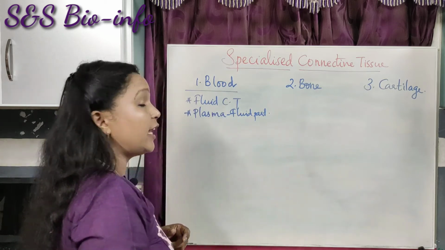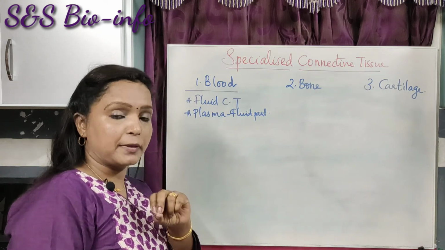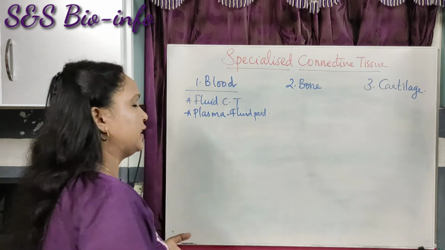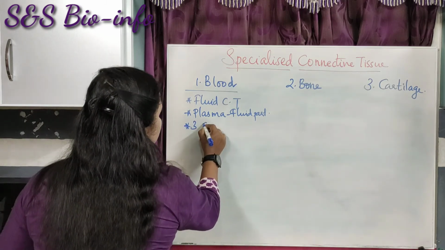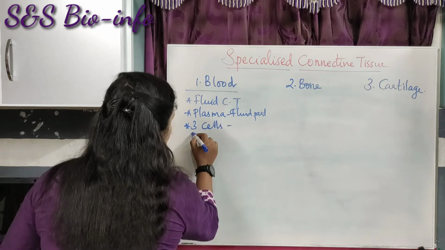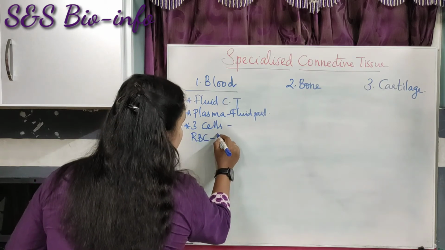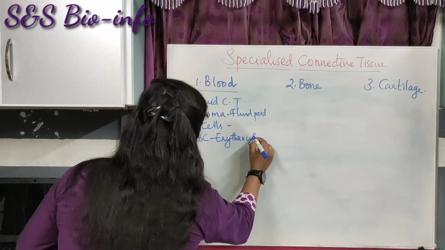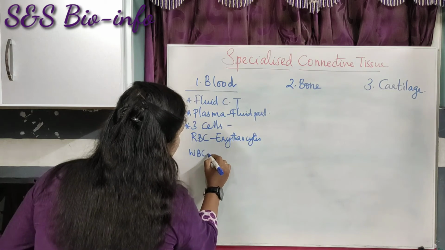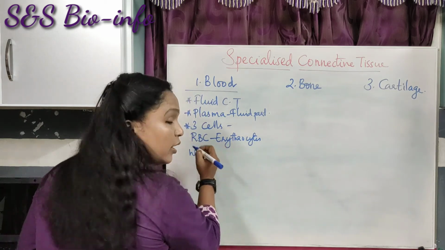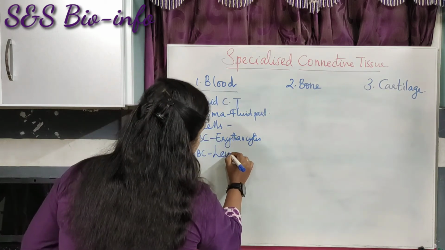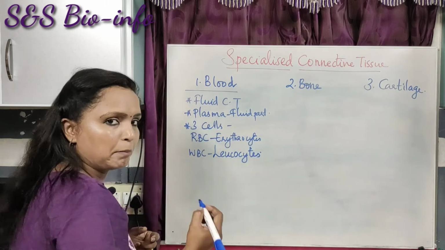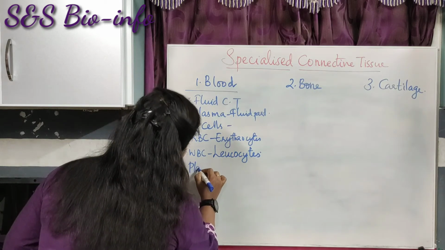In the plasma, three types of specialized cells are suspended. Those cells are RBC, WBC and platelets. RBC, red blood cells or erythrocytes; then WBC, white blood cells or leukocytes; then platelets or thrombocytes.